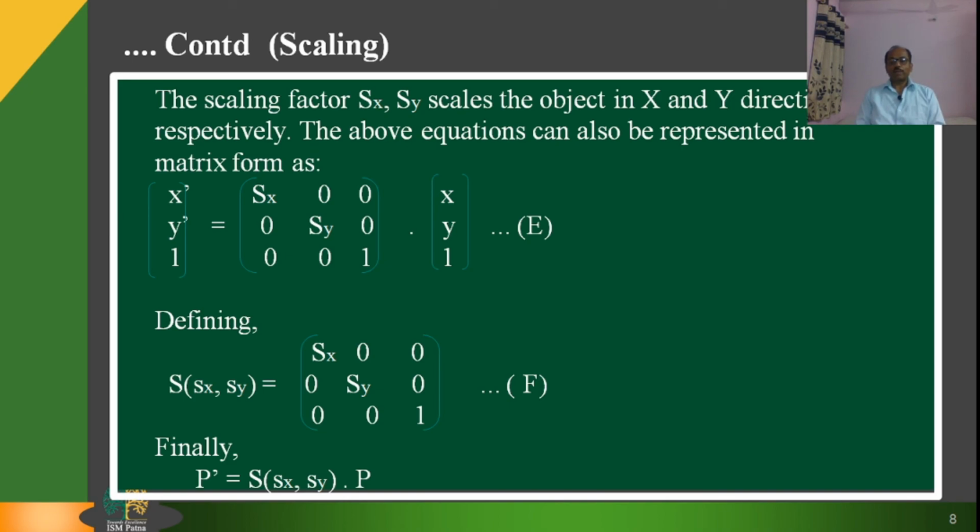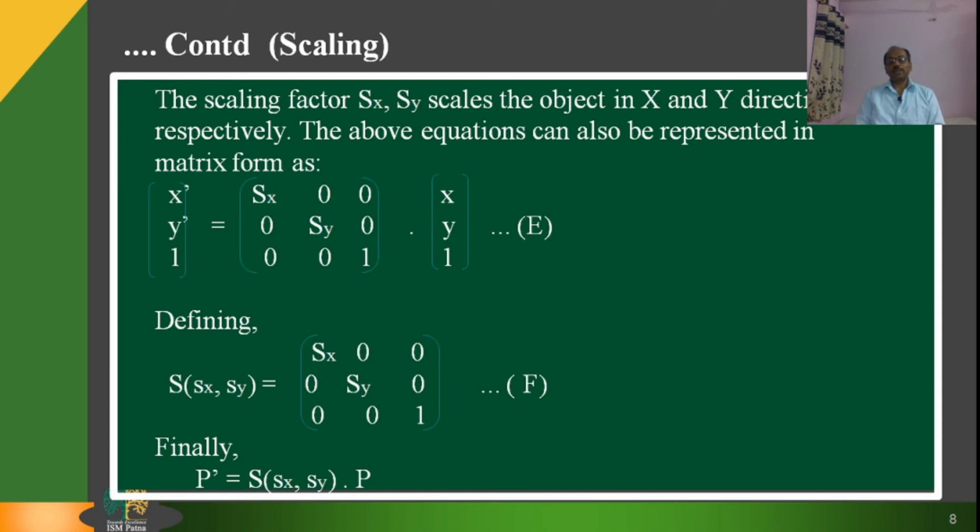The equation can also be represented in matrix form as shown in expression E and expression F. So, finally, we see that P dash, I mean the point after scaling, is equal to Sx and Sy multiplied by the original point, the original shape P. If we provide values less than 1 to the scaling factor S, the size of the object will be reduced.